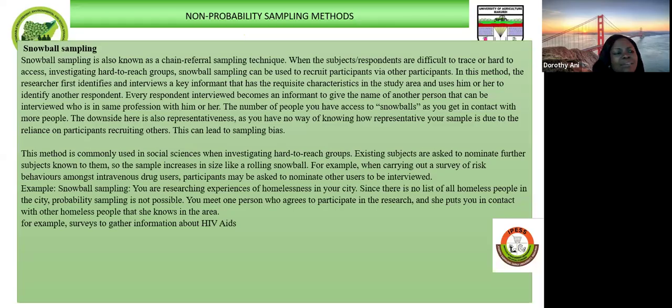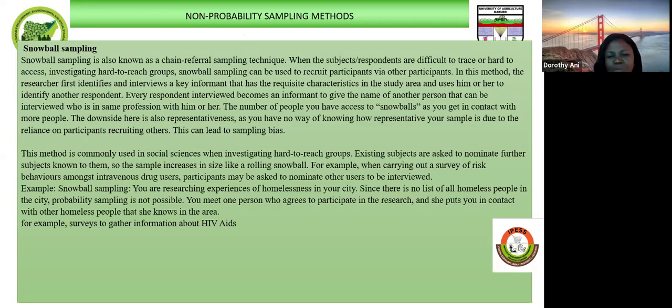I can write all the letters, I can sign all the documents they give me, provided that I get what I want. So thank you for that contribution. The main thing here is that in snowball, you are sampling people that you probably don't know, and sometimes you don't even know how to get them. So that is the point.